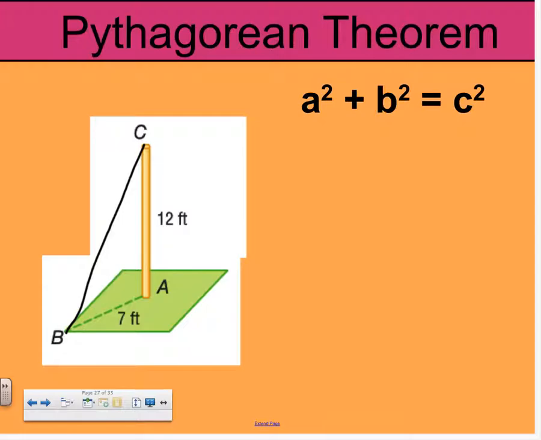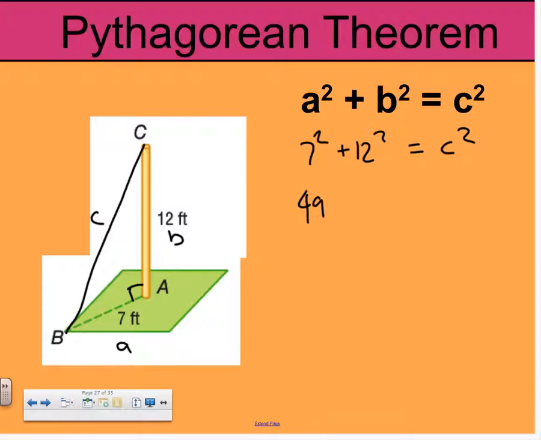So now if you've noticed what we've created, we have created a right triangle. So let me solve it the same way that I've solved the other ones. I know that the longest side here is going to be the hypotenuse. I know that the others are going to be A and B. I fill in my information: 7 squared plus 12 squared equals C squared.